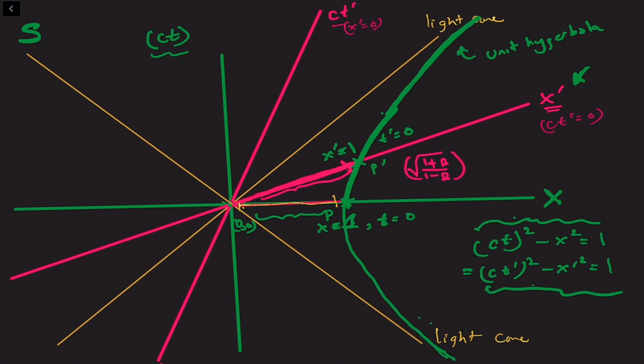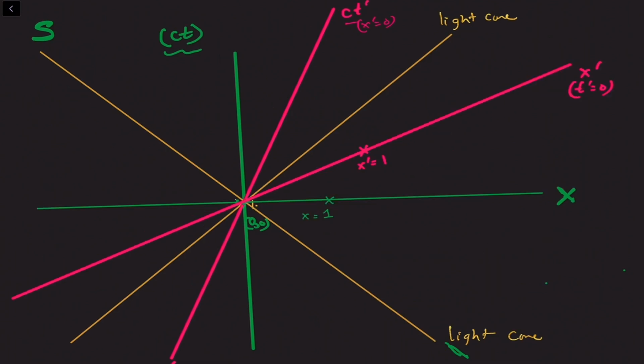Okay, so let me just erase all the extra things that we don't need. So now we've identified a unit length along the x prime axis. Similarly, we can identify a unit length along the t prime axis. To do that, we would identify a unit length first along the ct axis. So that unit length would be here, and this length on our sheet of paper would be exactly the same as this length over here.